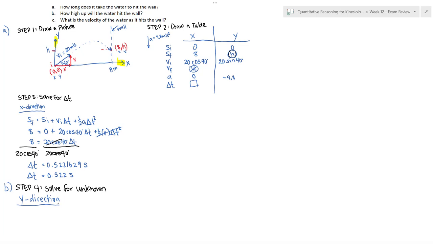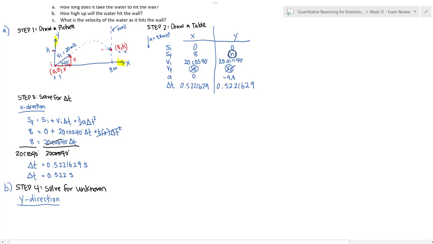It was 0.5221629. And that's the same value in both the x and the y direction because delta t is a scalar value. It doesn't have x and y components to it. Again, v final is something that we don't know and we don't care to know, and we're solving for h.